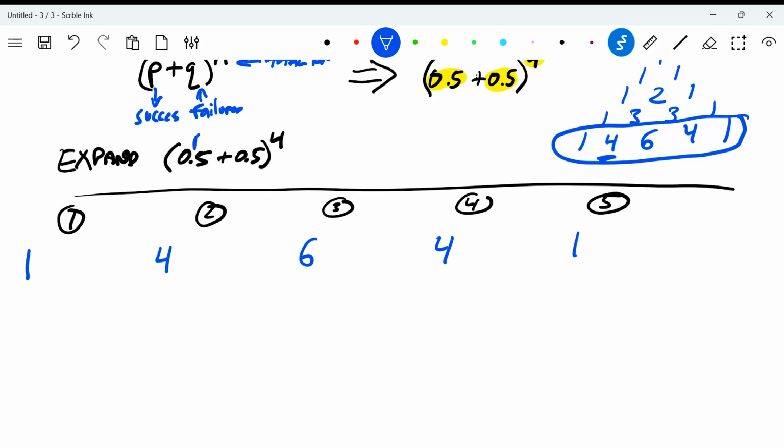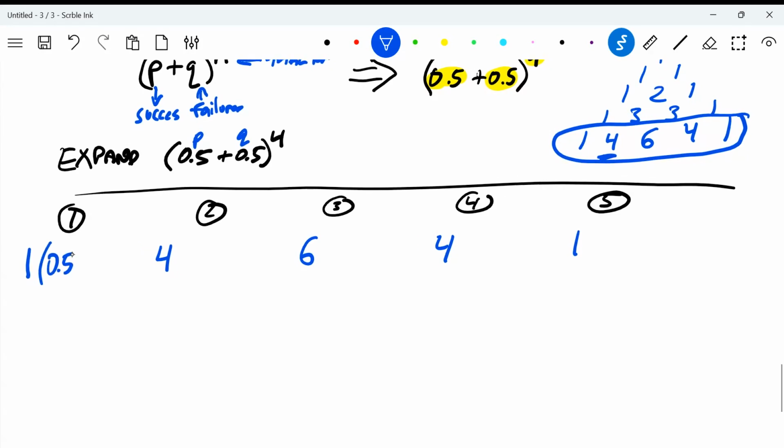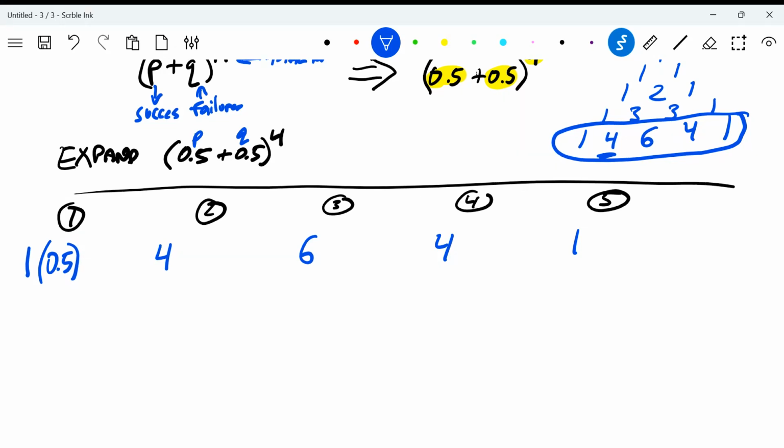And then I have to put the P and the Q. So it's 0.5 and the 4. I take that exponent, and I don't have to write it, but I will, because as a teacher I feel like I have to put each little thing down. These two exponents add up to that 4.